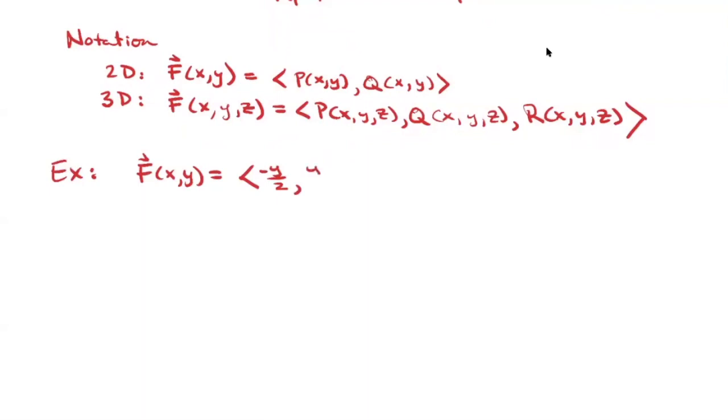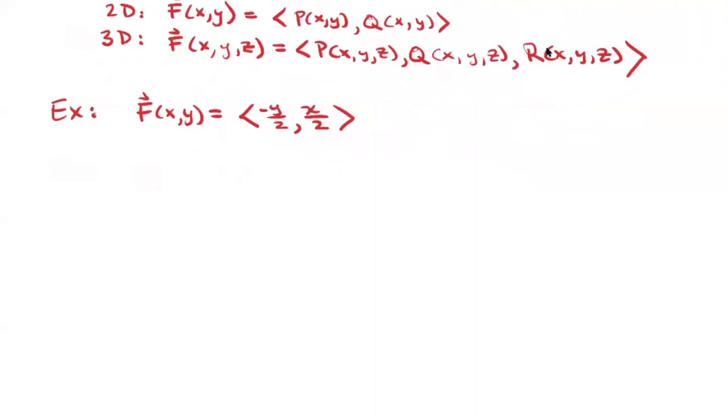This is one of my favorites because it's so innocent looking, but it's sort of gnarly when you graph it. So how do you graph a vector field? Well, with a whole bunch of vectors positioned at the position vector. I hate to do this to you, but I don't know what else to do. So here we go.